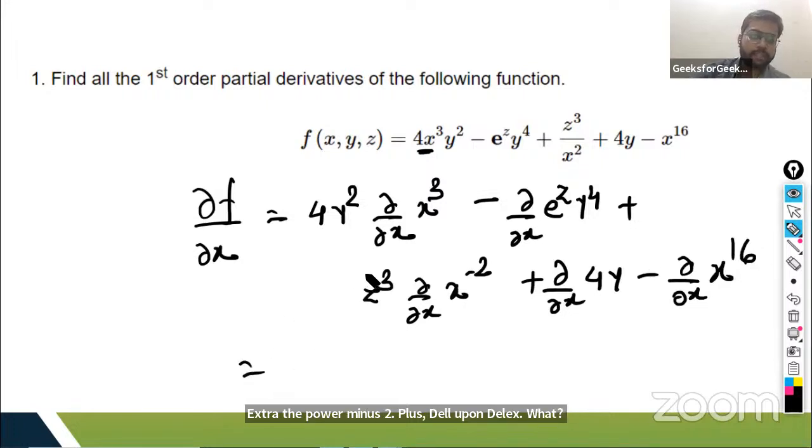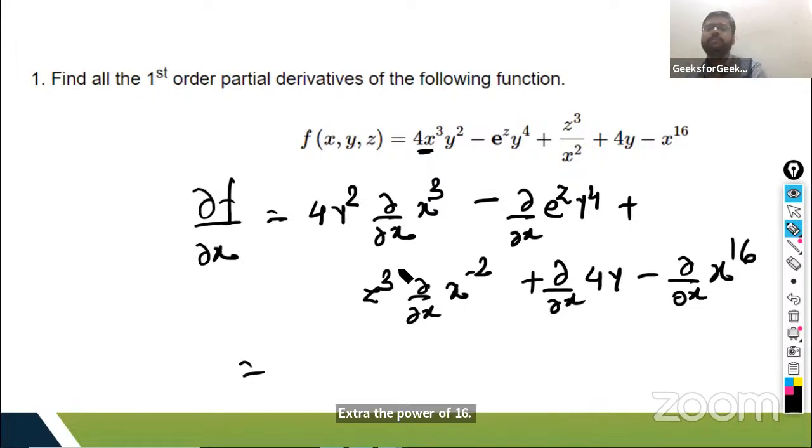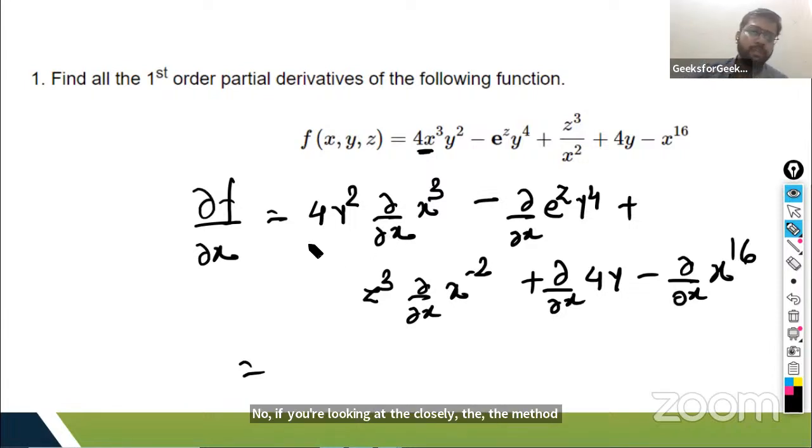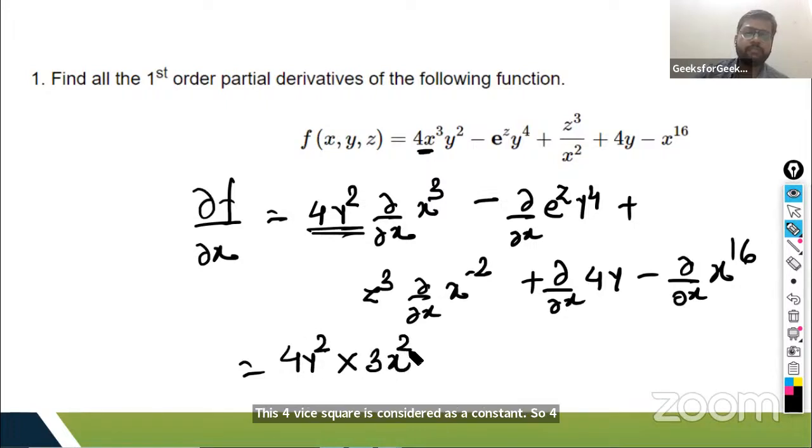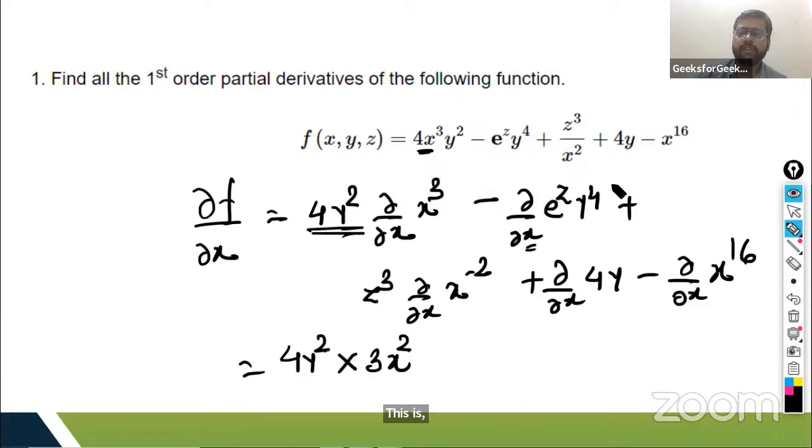Now, if you look closely, the method that we used in differentiation, the same thing we'll use over here too. This 4y^2 is considered a constant, so 4y^2 into that will be 3x^2. The differentiation is done with respect to x, but here it's e^z y^4, which means they all will be treated as constants.